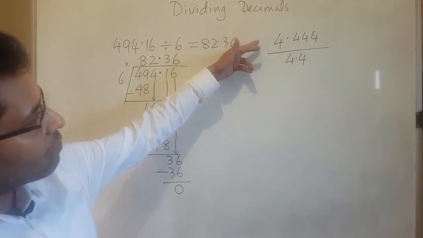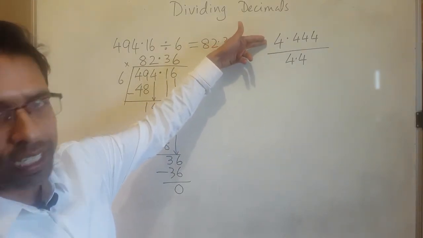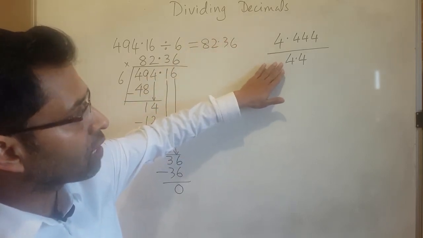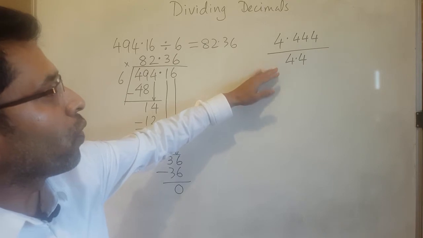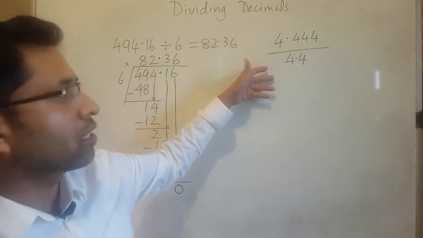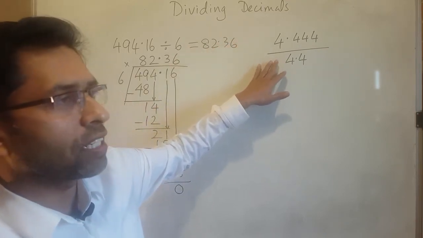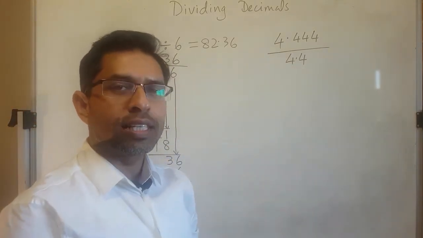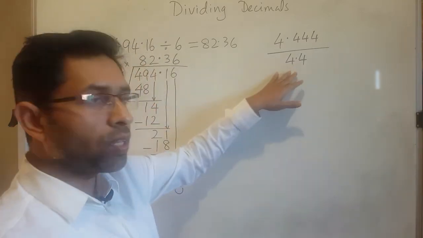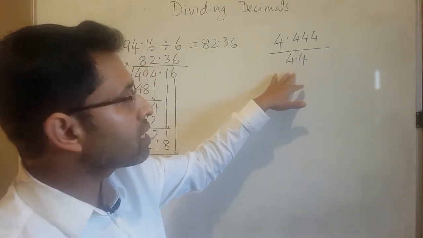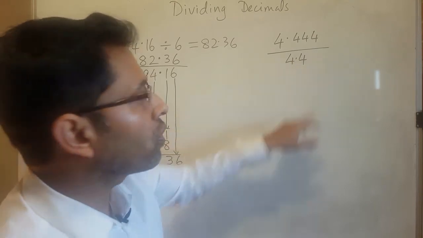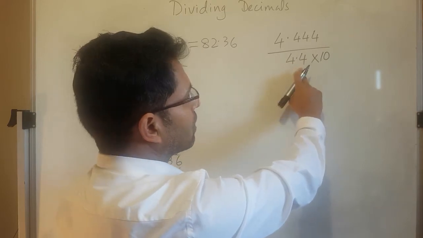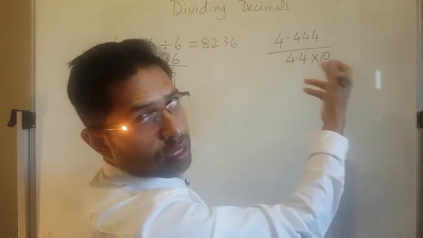Whenever you have a divisor in decimal form, we always try to eliminate the decimal point from the divisor. How to eliminate it? Because we have 4.4, if you multiply by 10, it would be eliminated.